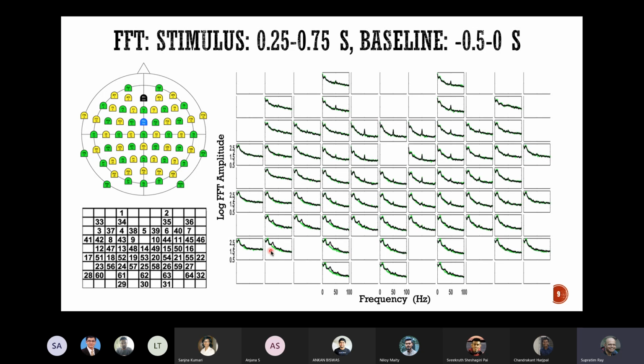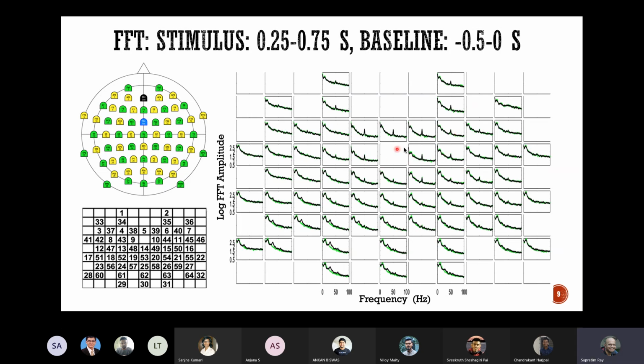And here, notice what is happening. There is this peak here at very low frequencies. This is the alpha rhythm. Okay, and the alpha is stronger on this side. It's also there here, but it's not only localized to the occipital areas, it's all over the place. You will see some alpha even here.